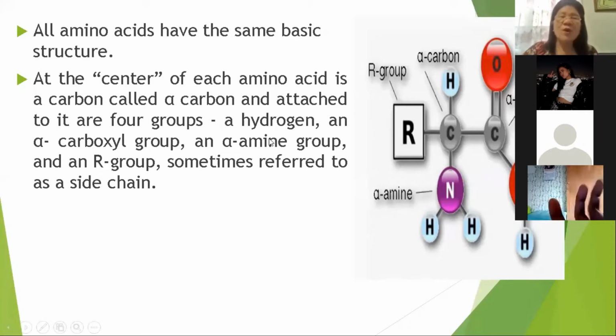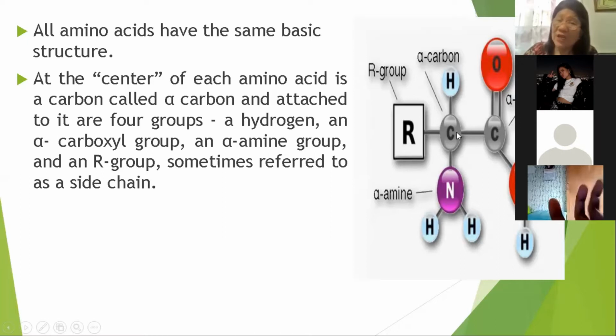So, 4 groups. We call this the alpha carboxyl. Alpha means it follows the central atom. The carbon that follows the central atom is known as the alpha group. Alpha carboxyl group.